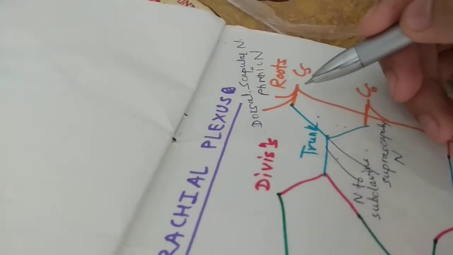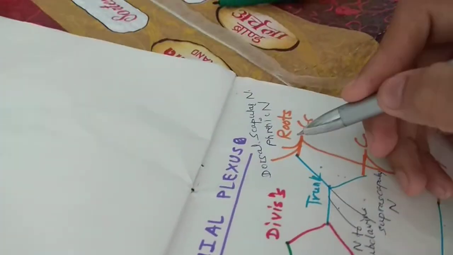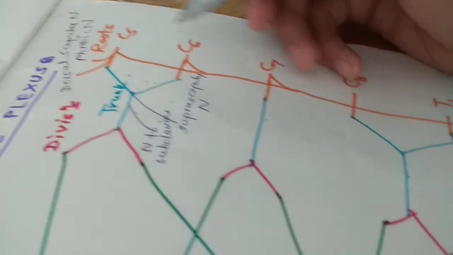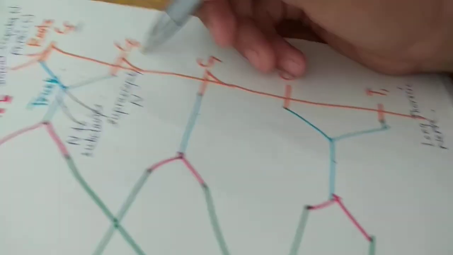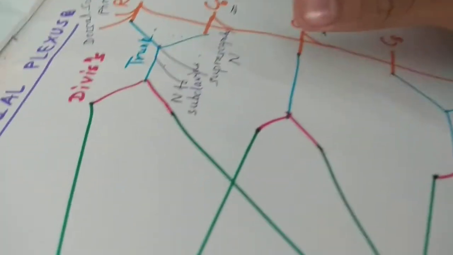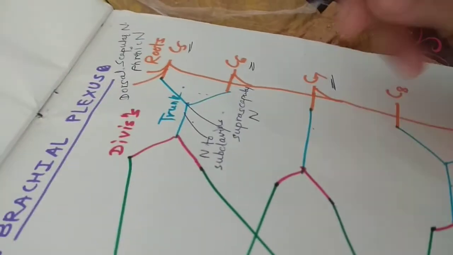Here the only root which gives branches is C5, and it gives the dorsal scapular nerve and phrenic nerve. It also gives the long thoracic nerve, which comprises C5, C6 and C7. So these are the MCQ questions or exceptional cases which we can remember.